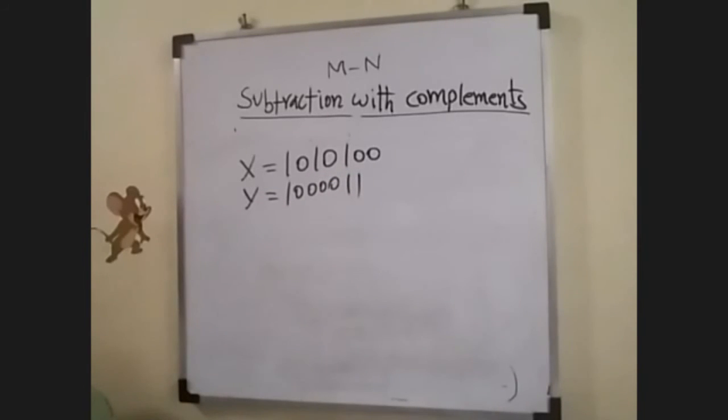So given the two binary numbers, x is equal to 1010100, y is equal to 1000011.